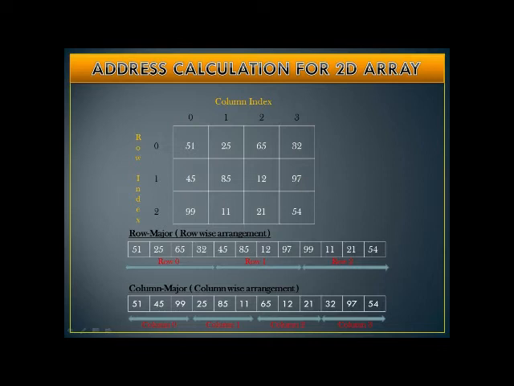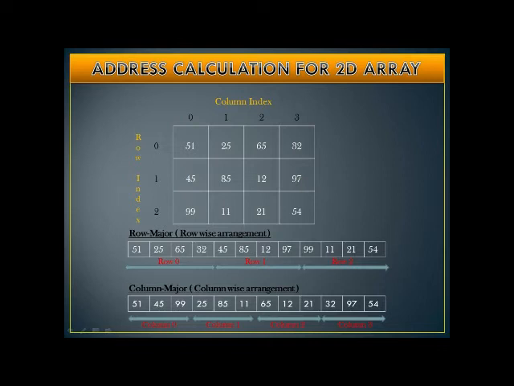After 101, if it is an integer, 105 will come. Then after 105, 109 will come, because 4 is added to the previous value. So this is how the arrangement is done.